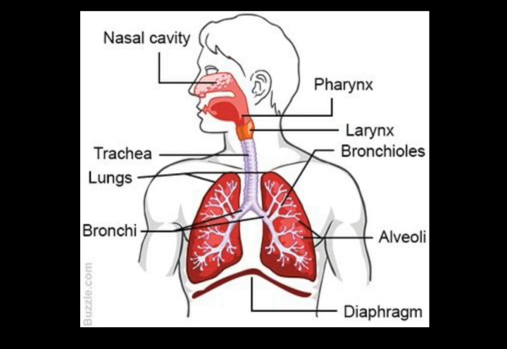After that, the next is the pharynx. The pharynx is the throat part, and it is a kind of joint between the buccal and nasal cavity. Then we move to the larynx, which is the voice box, and then comes the trachea, the windpipe. As we had the esophagus, the food pipe, in the alimentary canal, here, because air is going, we have the windpipe.